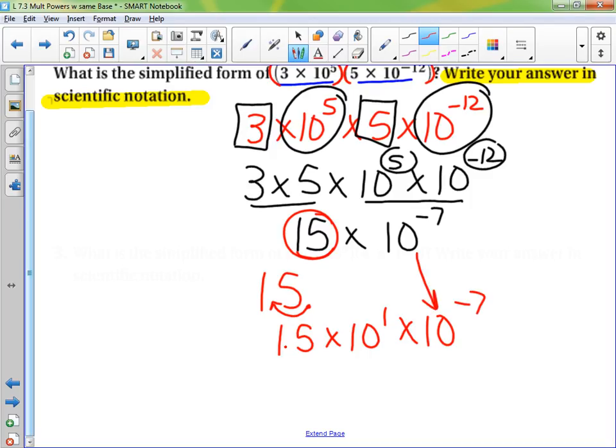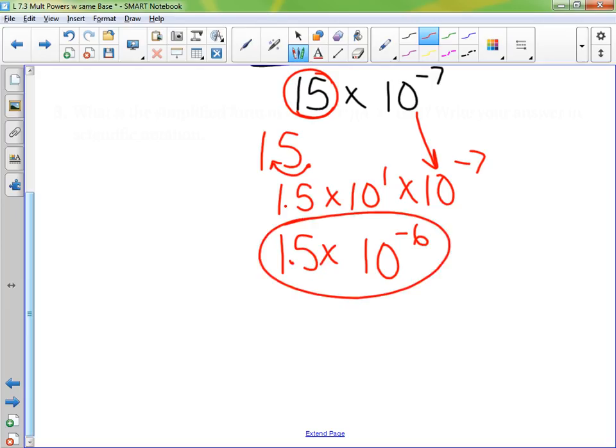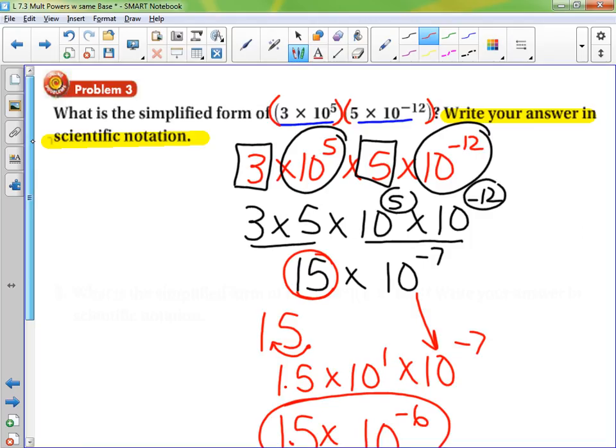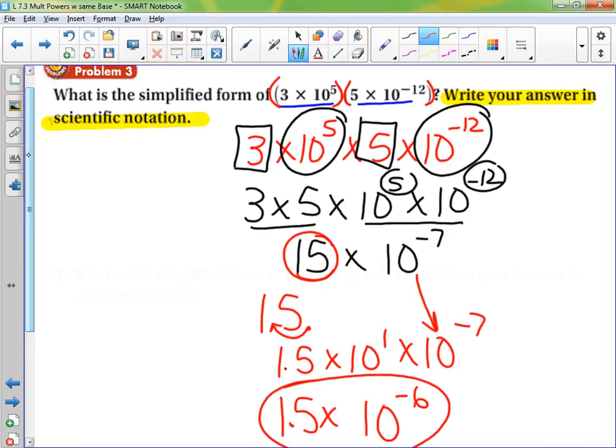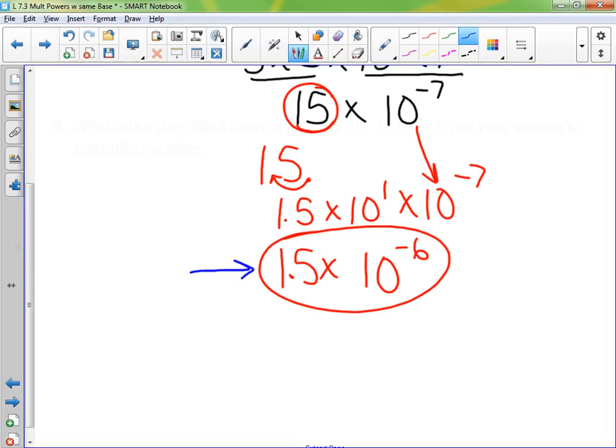And 10 to the first power times 10 to the -7th power is 10 to the -6th power. That's it. So when you multiply two scientific notation numbers together, you can reorganize the numbers like I have done in this example, or you can just recognize that you're going to multiply the number parts and then multiply the powers of 10, and you finish it off by making sure that it's written in scientific notation.